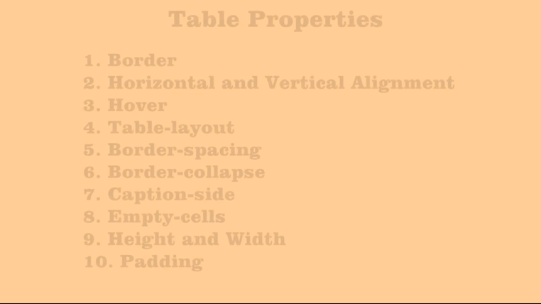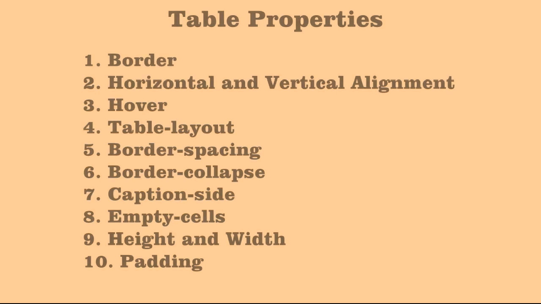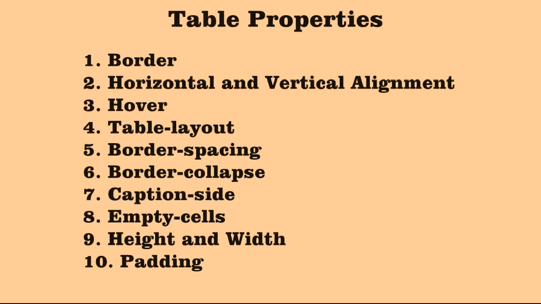Now moving towards the table properties. The first one is border. This property helps in specifying the border width, border style and border color of the table and its cells. The second one is horizontal and vertical alignment. The text-align and vertical-align properties are used to set the horizontal and vertical alignment of the text respectively in a table.